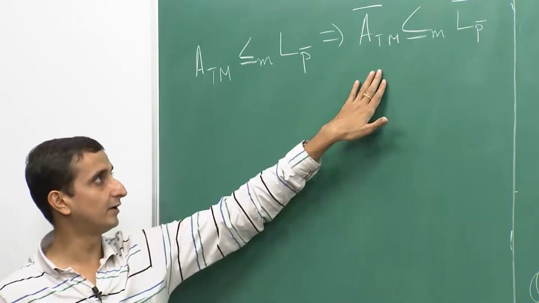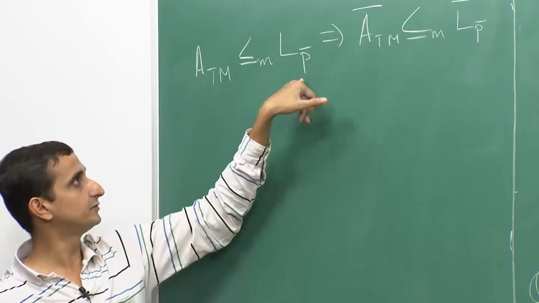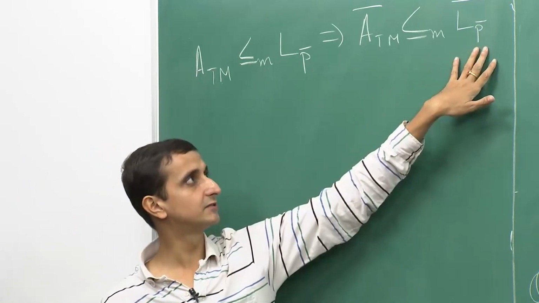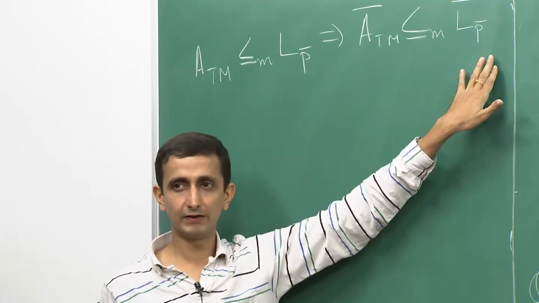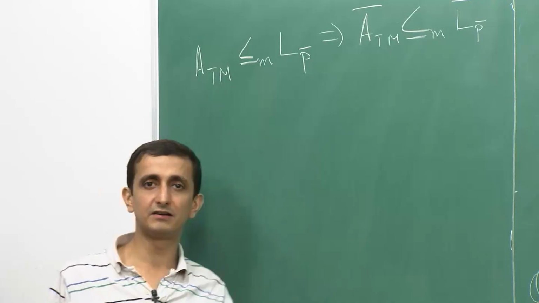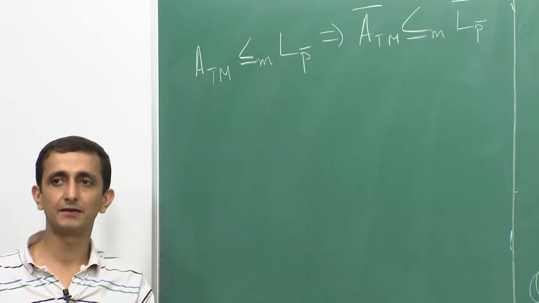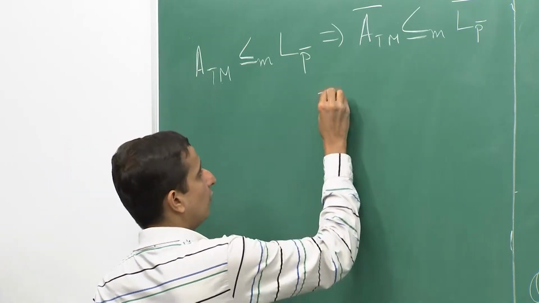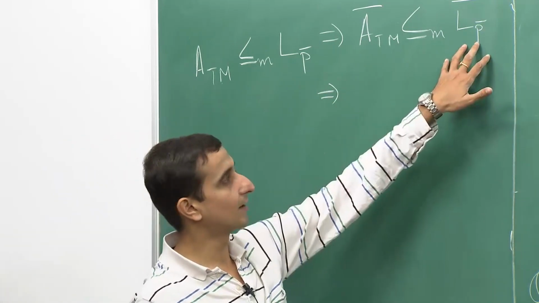So, that is all that we are using here. If ATM reduces to L P bar, then ATM bar reduces to L bar of P bar. The general statement is that if A reduces to B, then A bar reduces to B bar.